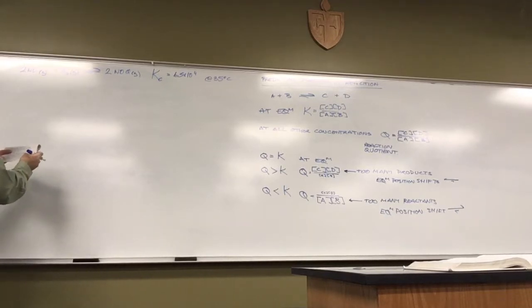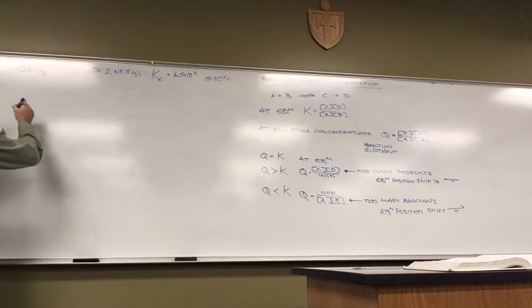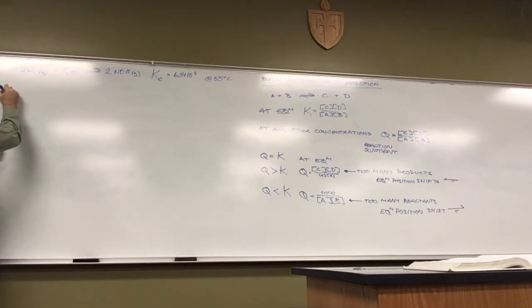Okay, this particular question is kind because it gives you mole amounts. It's close enough. I mean, at least it doesn't give us grams. Grams we'd have to convert into moles. So here's the question.